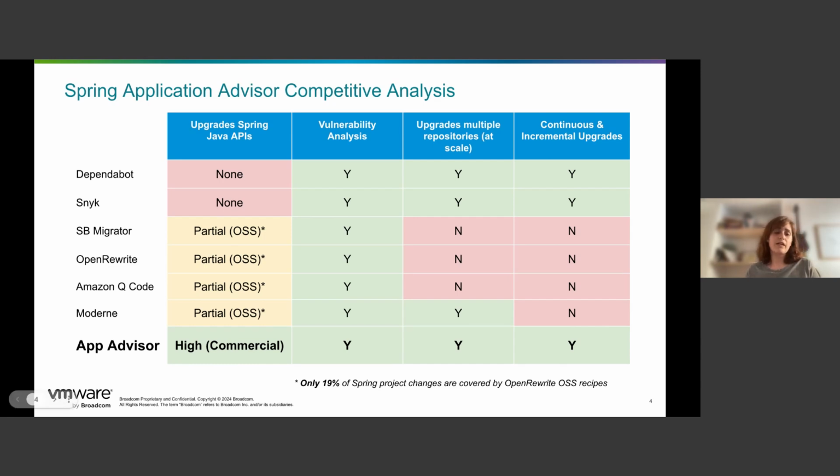Spring Application Advisor wants to give the Dependabot or Snyk experience by generating those automatic pull requests and upgrading your Spring dependencies, but also remediating the Java API breaking changes that are not yet covered by the open source recipes. This means that OpenRewrite is an invisible technical detail of Spring Application Advisor.